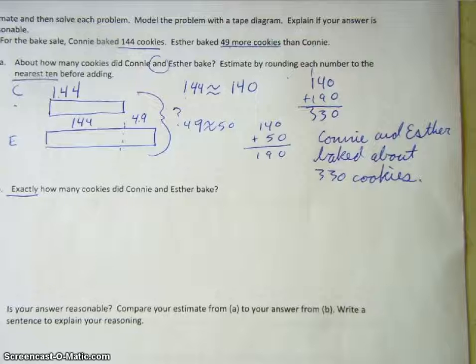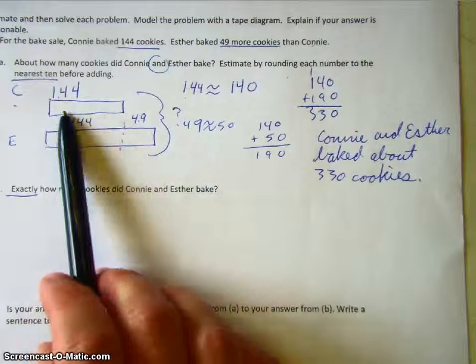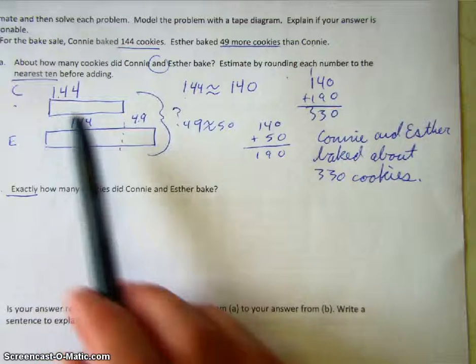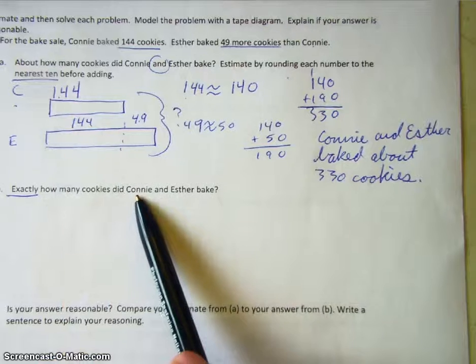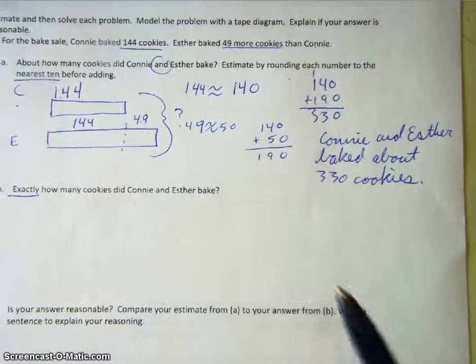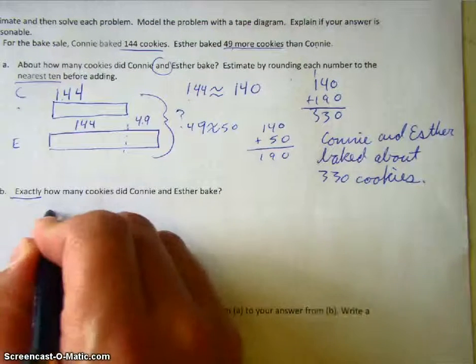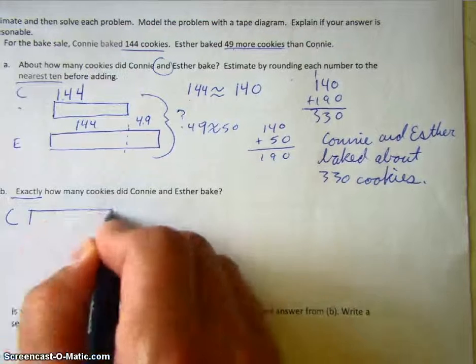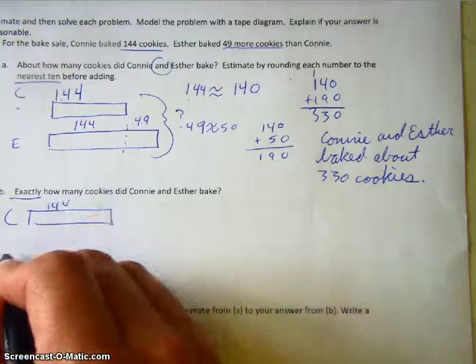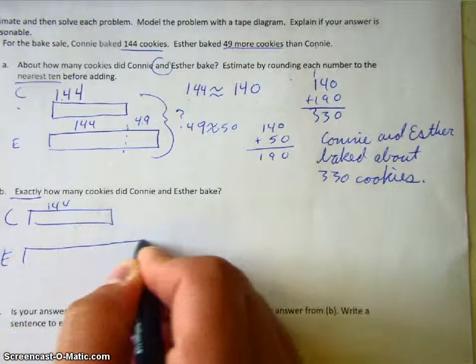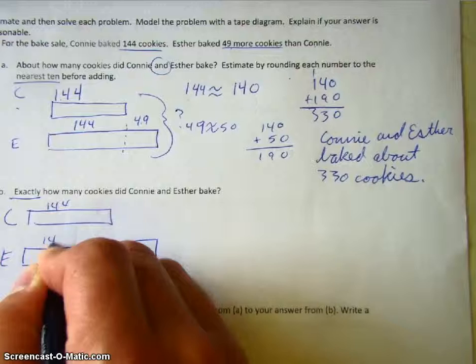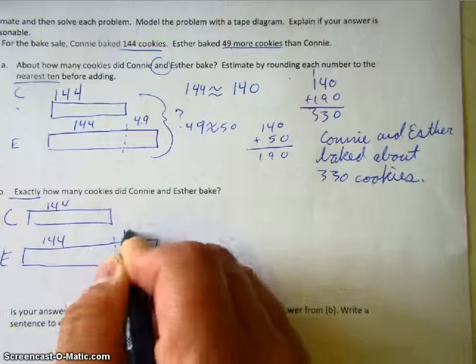Okay. Now part B is now asking us to find the exact number. Okay. So now again we have the same tape diagram. Okay. But now this time we need an exact number. Okay. So we see that Connie has 144. Esther, she has 144 plus 49.